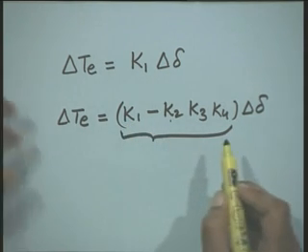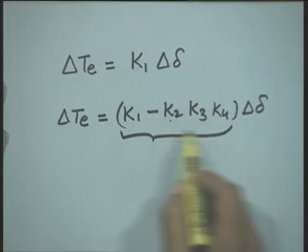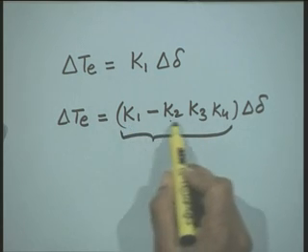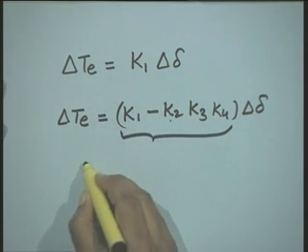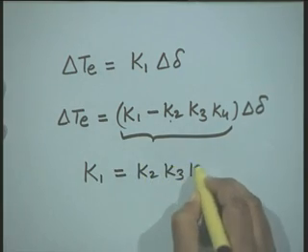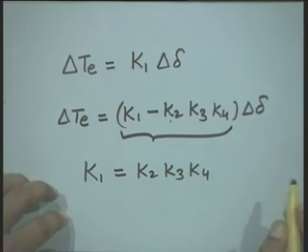But the moment we account for the change in field flux linkages due to change in rotor angle delta, the net synchronizing torque coefficient decreases. It becomes K 1 minus K 2 K 3 K 4. Therefore, for the steady state stability limit, the condition is K 1 equal to K 2 K 3 K 4.